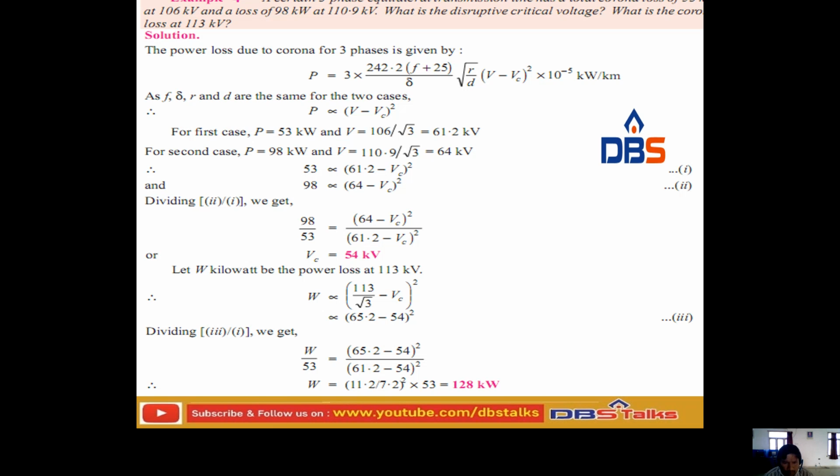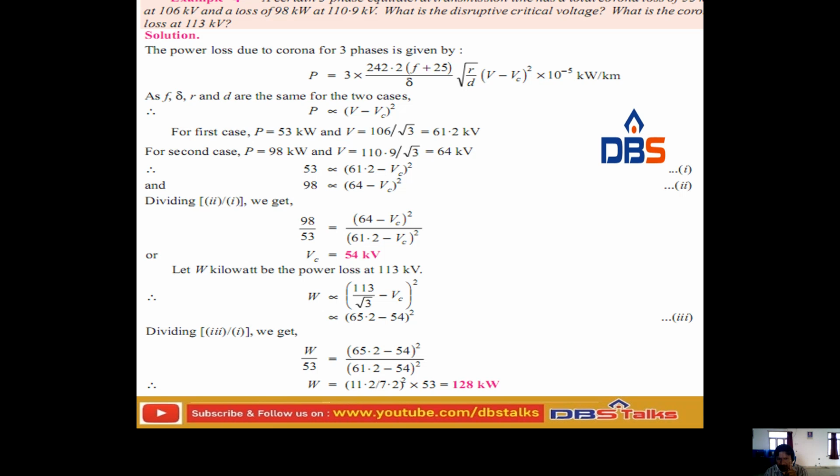They have given the corona loss of 53 kilowatt, and in the second case the corona loss of 98 kilowatt at 110.9 kV line voltage. First case 53 kilowatt at 106 kV. In the second case, they have given the corona loss at 98 kilowatt at 110.9 kV. Now, what is the critical disruptive voltage and what is the corona loss at 113 kV? They have given two cases.